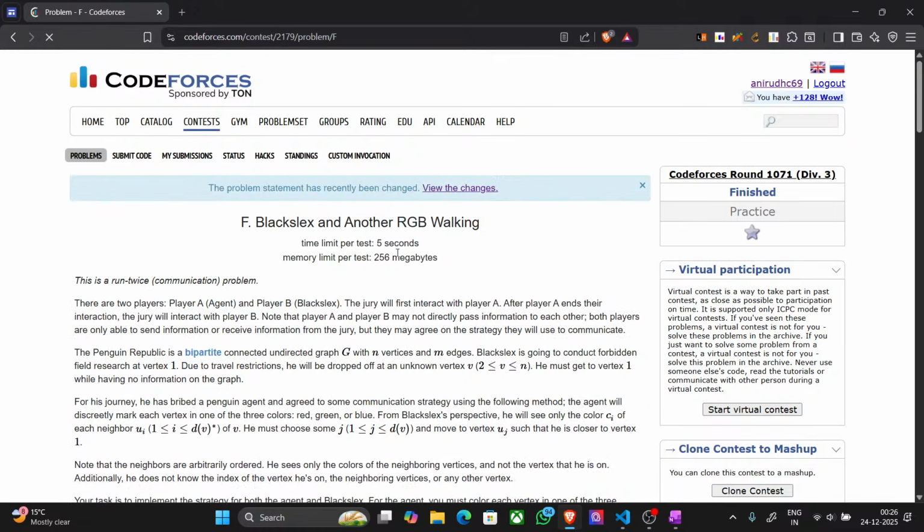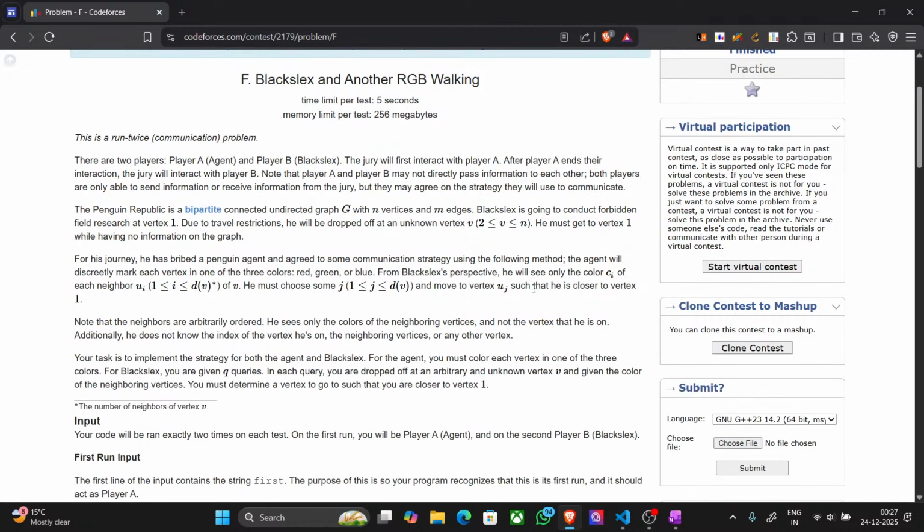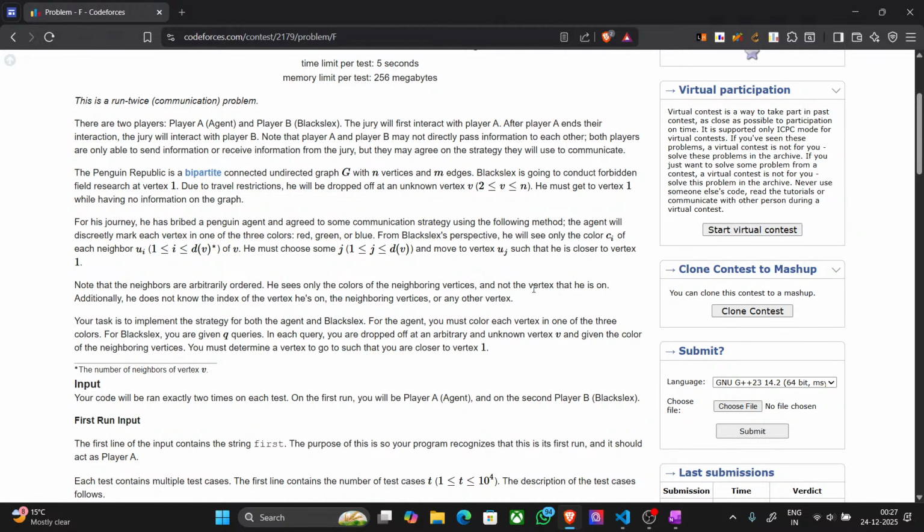All right. This is a run twice communication problem. This was the first time I am solving this problem. I have never solved this type of problem ever. So in this problem, there are two players, player A and B. One is the agent and the second one is Blackslack.